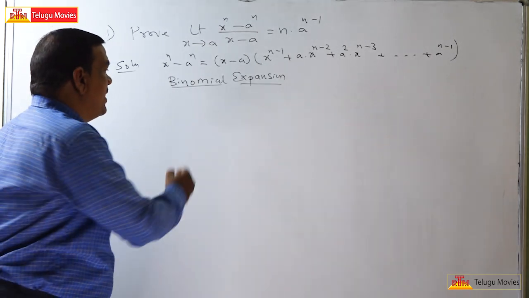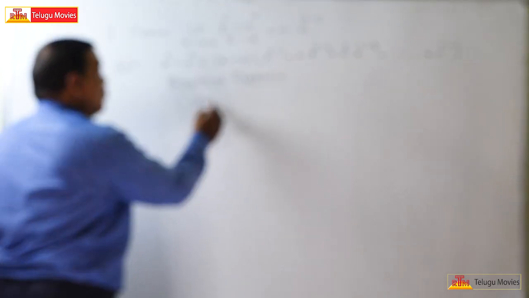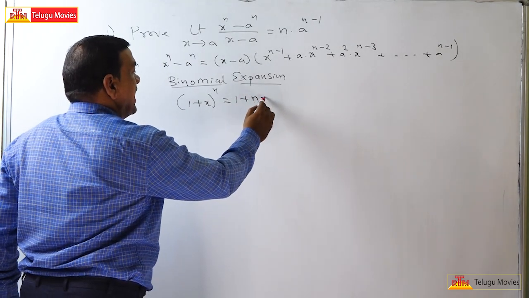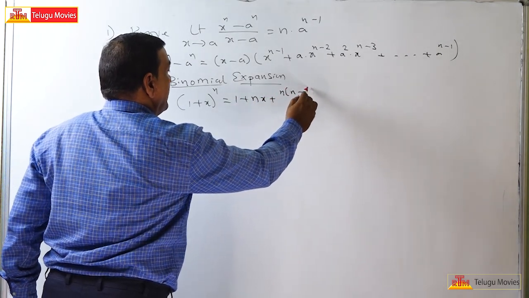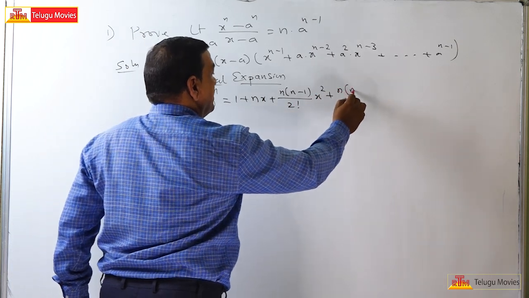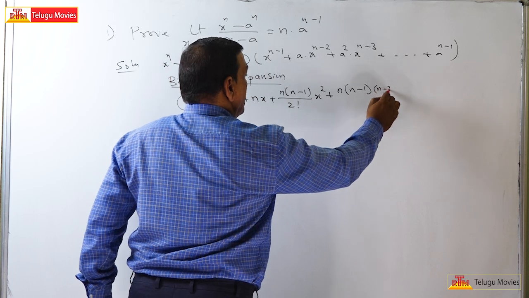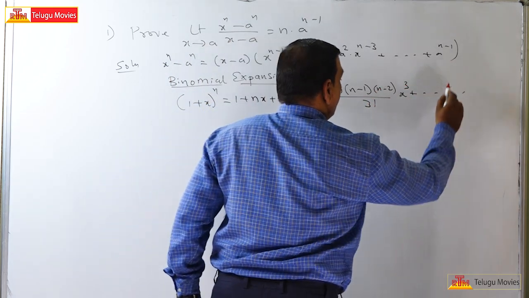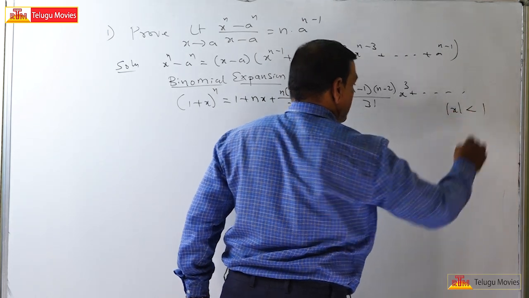So we know the binomial expansion: (1 + x)^n is equal to 1 + nx + n(n − 1)/2! x² + n(n − 1)(n − 2)/3! x³ + and so on, where modulus of x is less than 1.